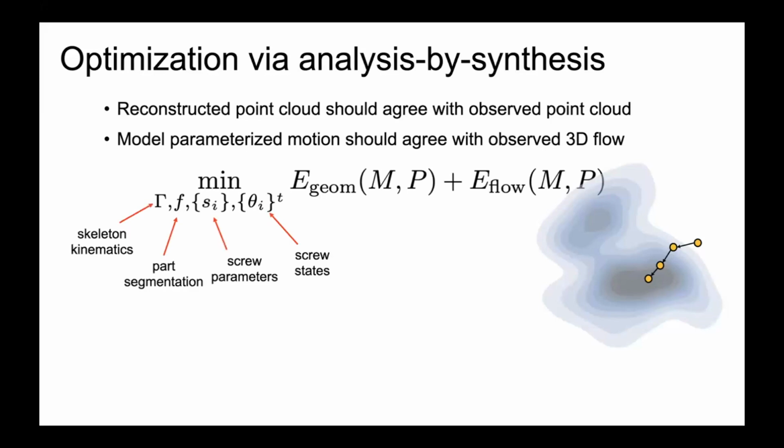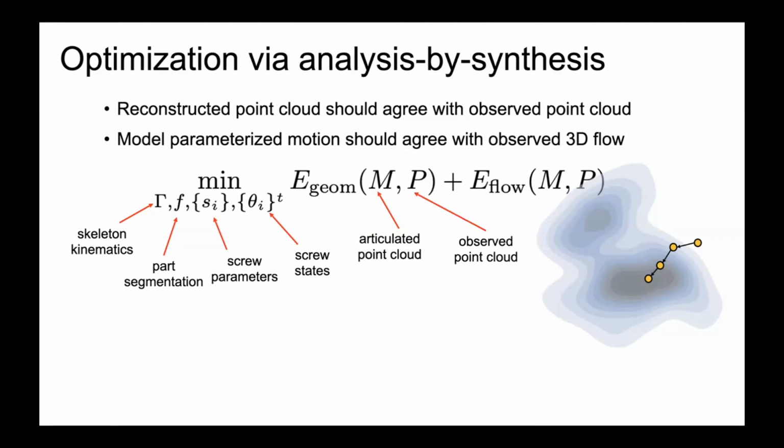So I'm trying to optimize over these model parameters: the kinematic structure, the segmentation, the screw parameters, the screw states, such that the articulated point cloud that I get after articulation matches the observed point cloud at different time steps, right? We have a couple of losses here, one which measures the geometry match using chamfer distance and also earth mover distance, and the flow loss, which is how the part is moving and how I think the part is moving, right? So we have both of these terms.